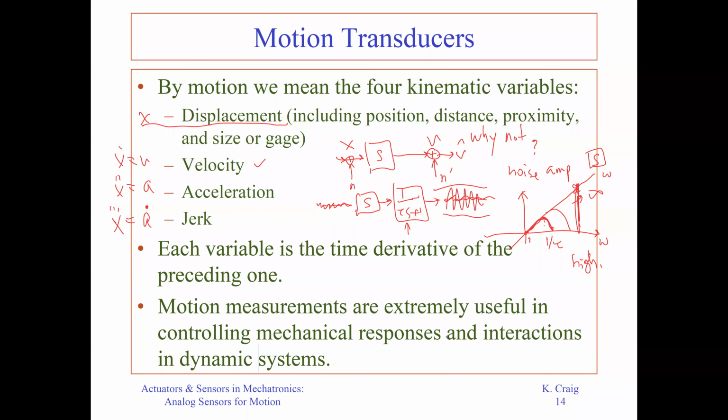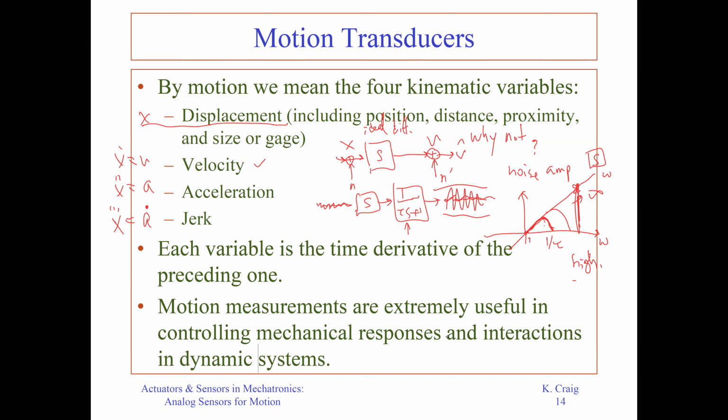Then we moved to analog motion sensors, talking about displacement, velocity, acceleration. We explained why we cannot simply use an ideal differentiator, because of the noise amplification at very high frequency.